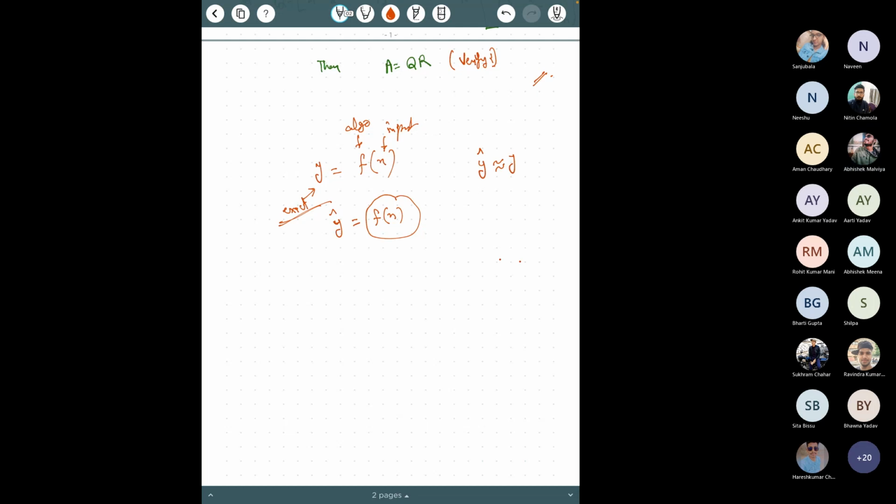Whatever we are dealing with in real life problems, like the distance of earth to moon and earth to sun, these are all approximate values. We don't know the exact one, but we still have a good knowledge of this distance via some method.